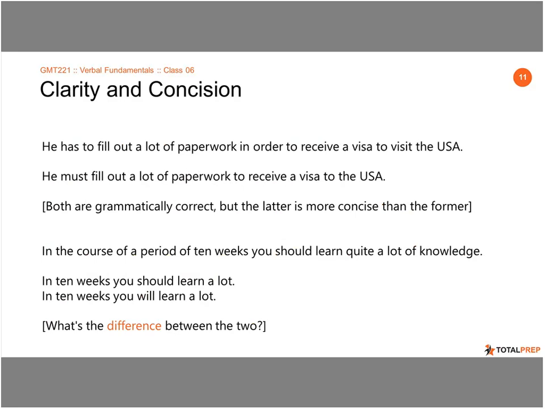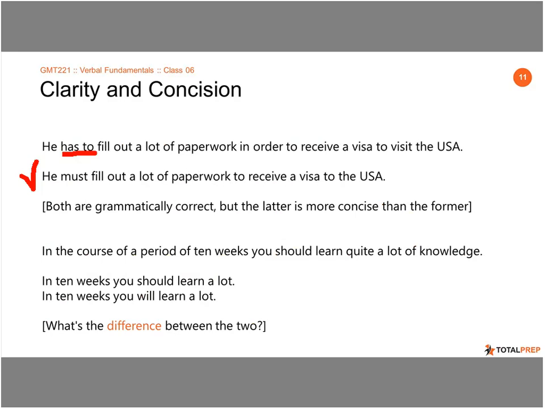He has to fill out a lot of paperwork in order to receive a visa to visit the USA. He must fill out a lot of paperwork to receive a visa to the USA. So this one here will be the correct one.